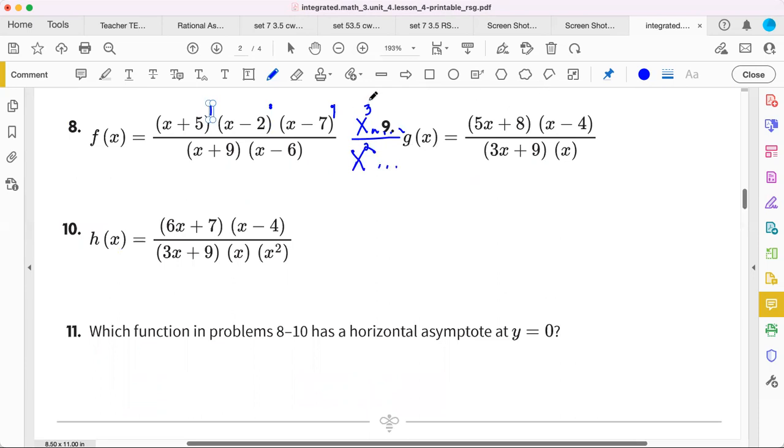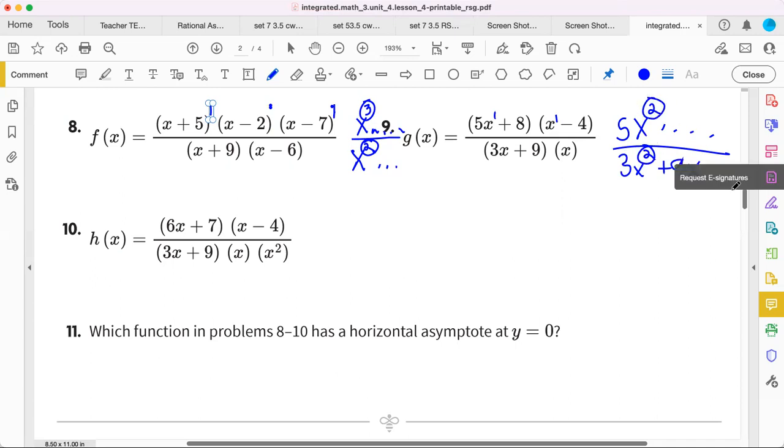So here, the top degree is 3, bottom degree is 2. Pretty simple. If this all FOILed out, you would get an x squared term, and it would be 5x squared for what it's worth, and some other stuff. And then this would be 3x squared plus 9x. This one's not too bad. So both would be degree 2s.